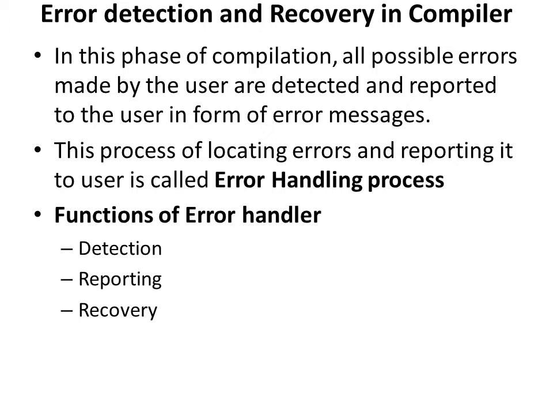In this phase of compilation, all possible errors made by the user, not by the system, are detected and reported to the user in the form of error messages. This process of locating errors and reporting them to the user is called the error handling process.